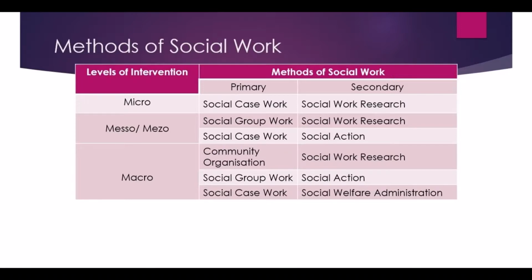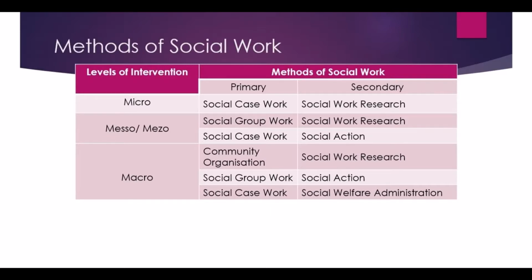So here, with this table, you can understand which method can be used at which level. So at the micro level, the primary method goes as social casework, and for the secondary method you can even do a research, a study on a single individual, and like that it can take the form of a case study.